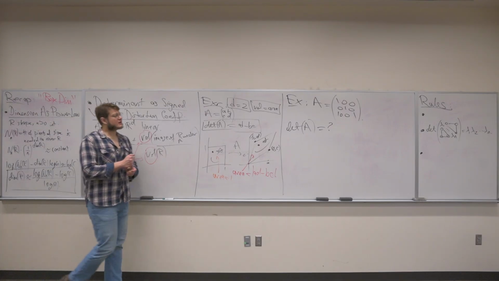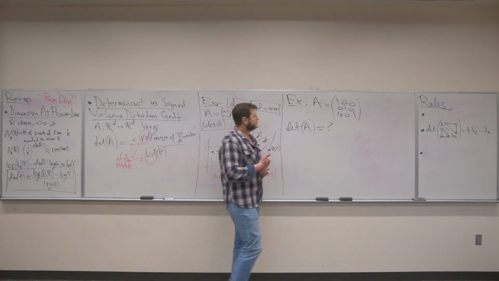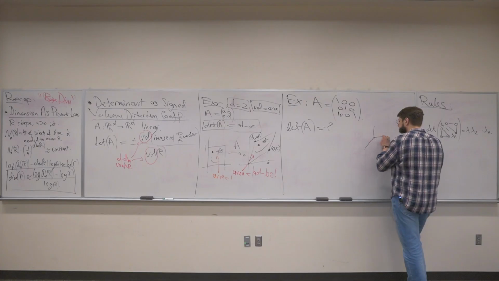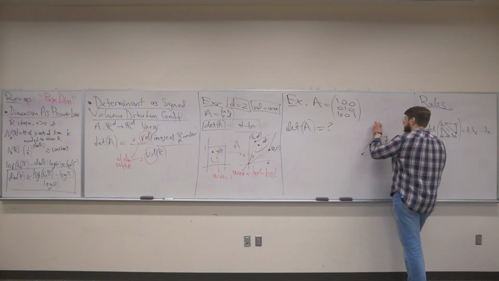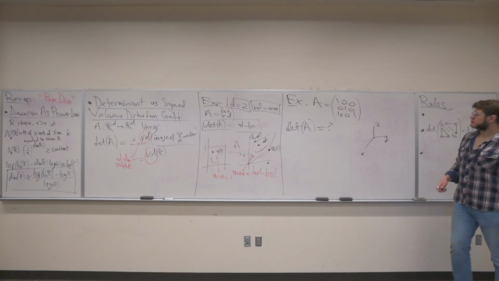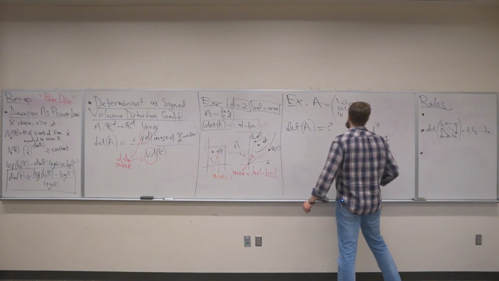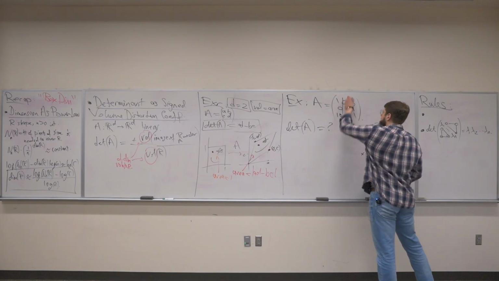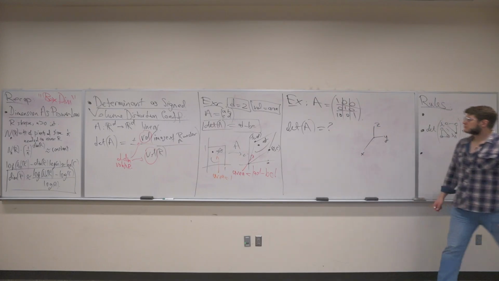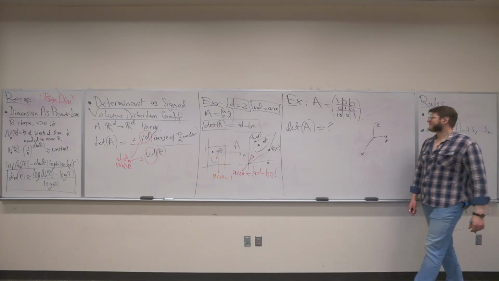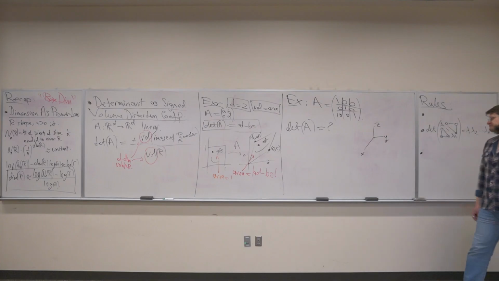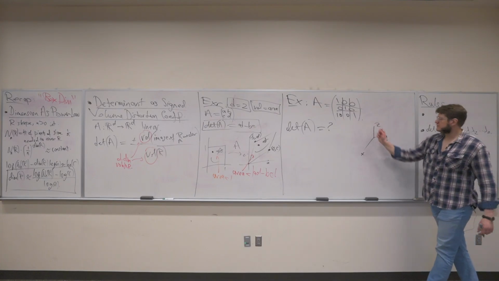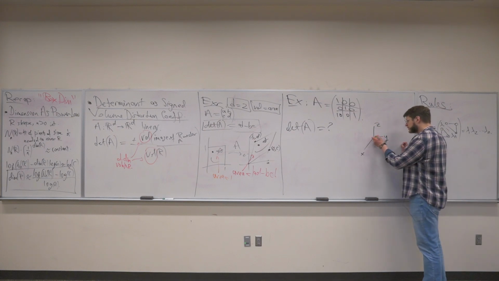You want to visualize what is happening. When I see something like this, I immediately realize that this is a transformation in 3 dimensions, and this is x, this is y, this is z. So this matrix fixes 0, 1, 0 and 0, 0, 1. These two are not going to move.